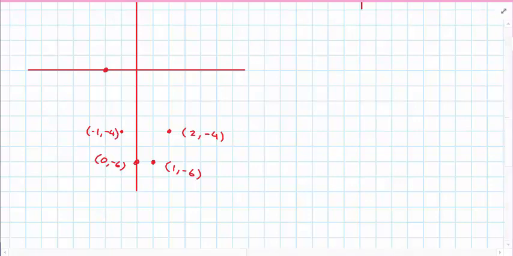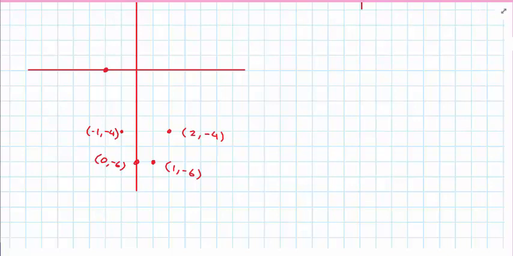Now, why is it that the axis of symmetry is in the middle of those 2 points? It's because they have the same y values. So in order to find the axis of symmetry, you need 2 points with the same y value. Okay?